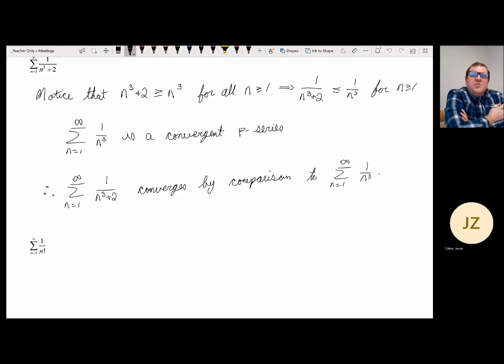Well, if 1 over n cubed converges, then I would think 1 over n factorial converges. So I'm going to go out on a limb and I'm going to say this series converges. I'm going to try and prove it with comparison.